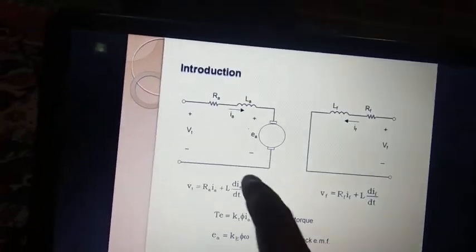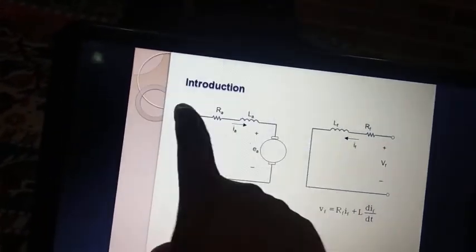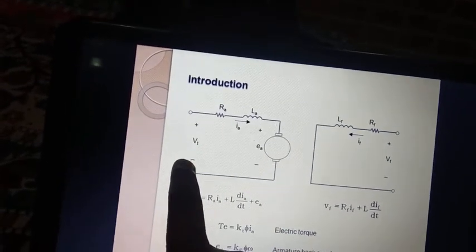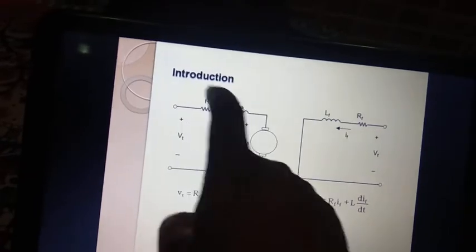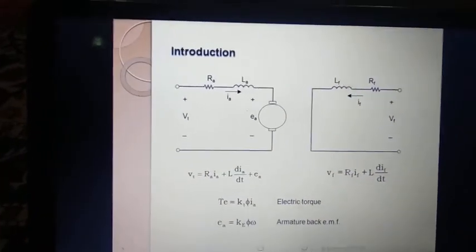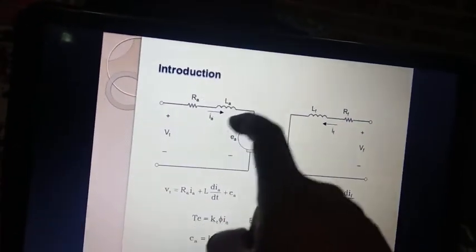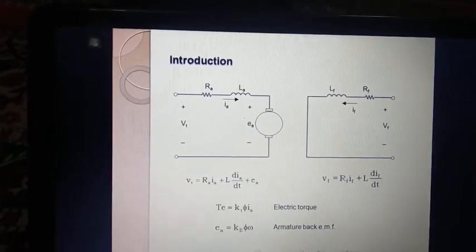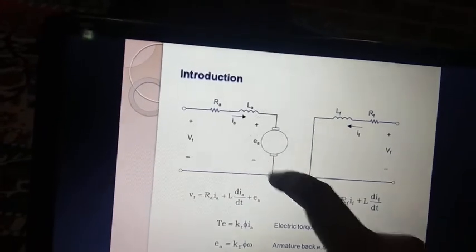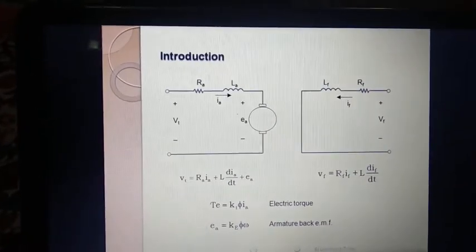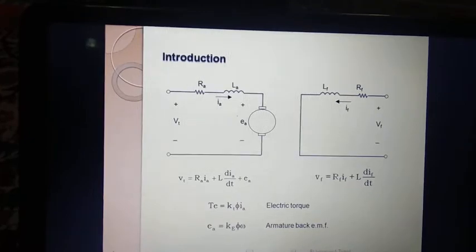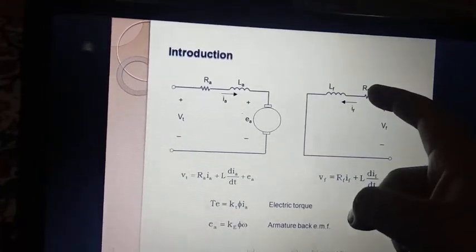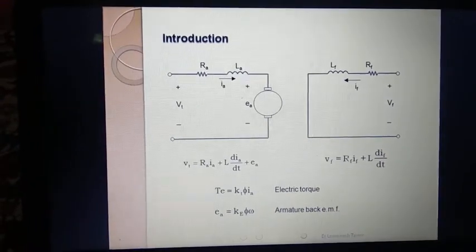So when I apply KVL to this circuit, we have VT, the terminal voltage, equal to the armature resistance drop RA IA, plus the inductance drop LA dIA/dt, plus the back EMF EA. Similarly, the field voltage VF is equal to RF IF plus LF dIF/dt.